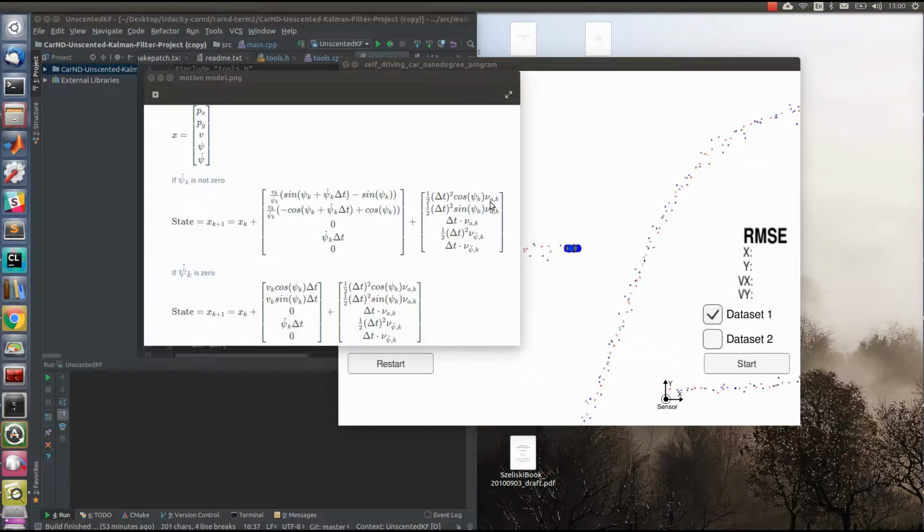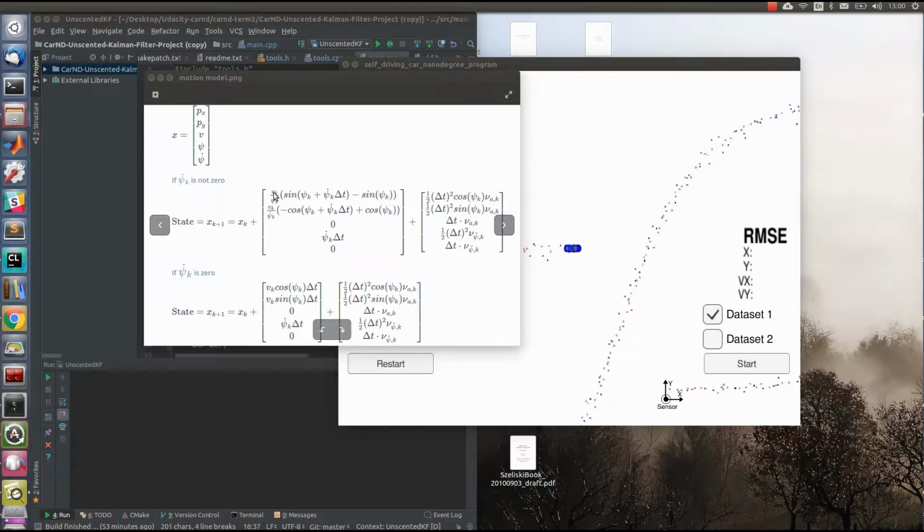So we deal with our velocity as if it's a constant. Any change due to acceleration will be considered as noise. And also we have a constant turn rate. So any change in angular rate, we will deal with as if it's noise.